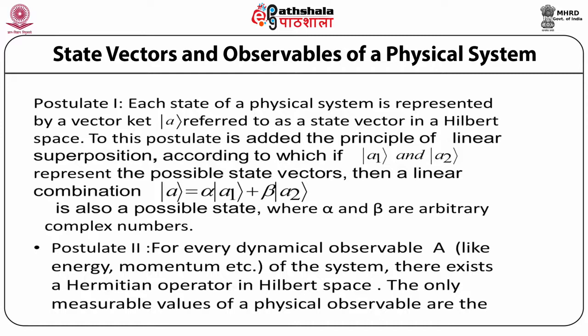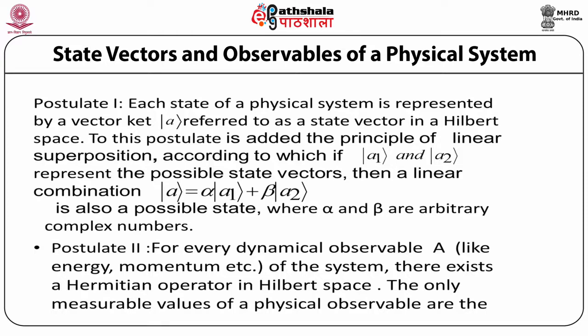So here we see that if we have two state vectors, then using a linear combination of these two state vectors, we can write another state vector, which also represents a possible state of the system.